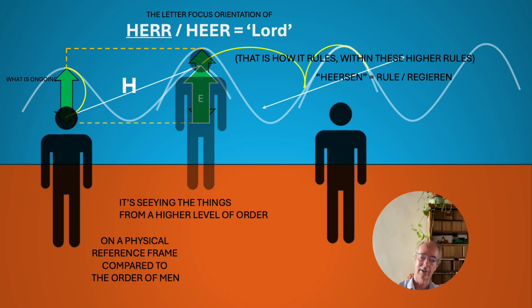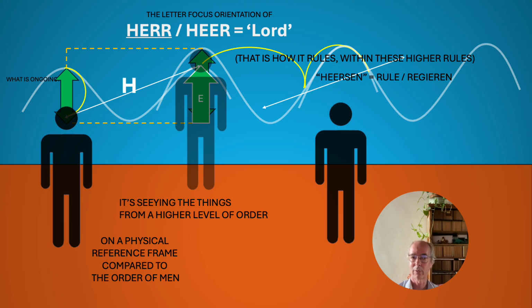And if it succeeds indeed, if it has that position, and it can continue this higher level of order to have also a higher vibration that brings more prosperous things, then we know it is also a reflection of the ruler of this. It rules over you. It brings in the higher rules. And the word heersen or rule is the Dutch word, which is a continuation of the word heer. So it creates actually this situation, yes, the Lord can rule.